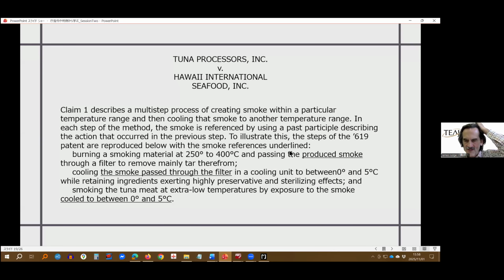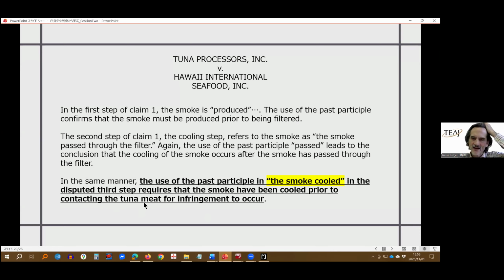But here, what was interesting is we have produced smoke and cooled smoke. In this case, smoke cooled to this temperature. And we don't have time to go into more detail, but the Hawaiian District Court, which is actually, the district court is not in Hawaii itself. It's a circuit court.